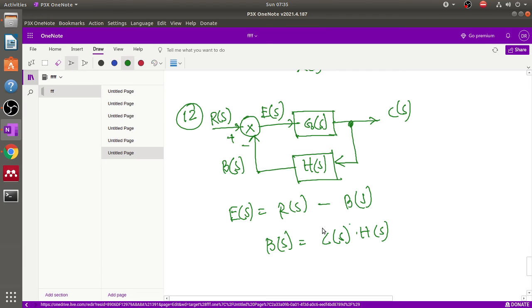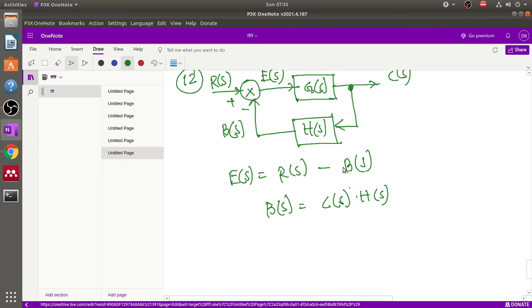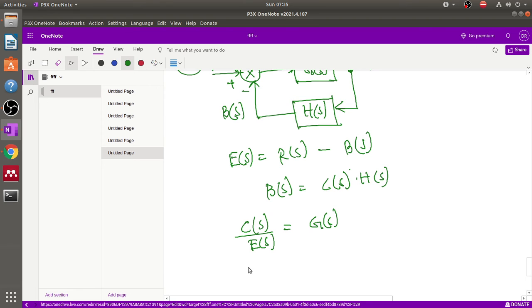Okay, so now we consider CS by ES, then we get GS, because this is the error signal at the input and this is CS. Okay, now CS is equal to ES into GS.